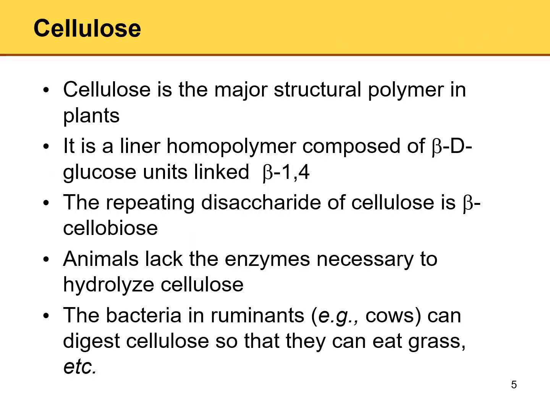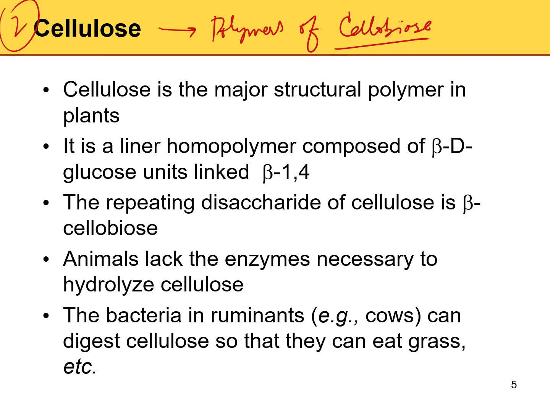The second class of polysaccharides we'll talk about is cellulose. Now cellulose is really straightforward. You can think of cellulose as a polymer of cellobiose. If you remember, cellobiose was where you have glucose and another glucose linked together by a beta 1,4 linkage. They are of course found in plants.